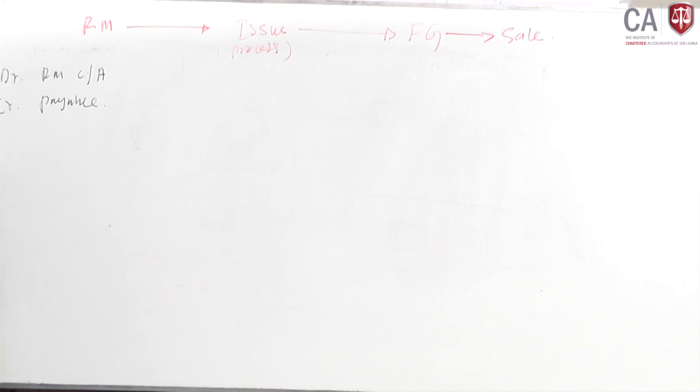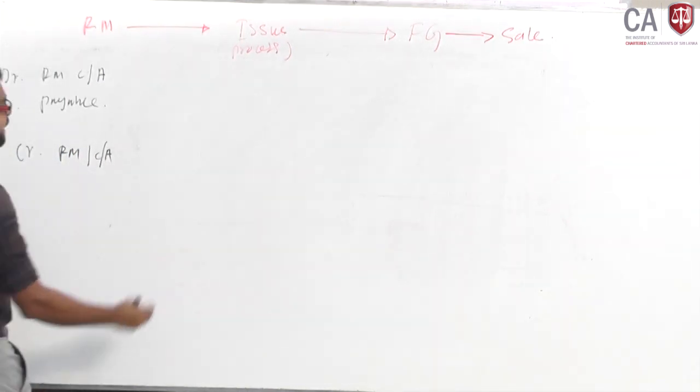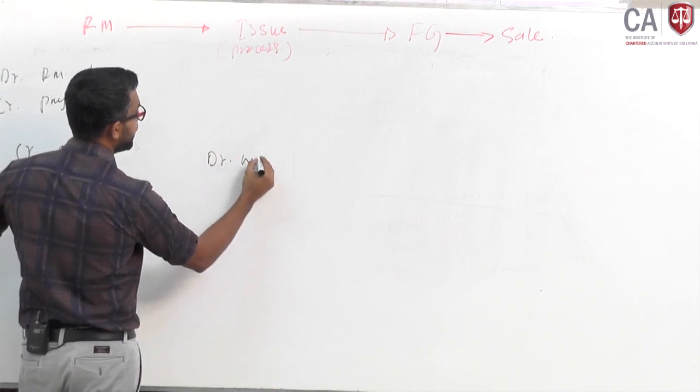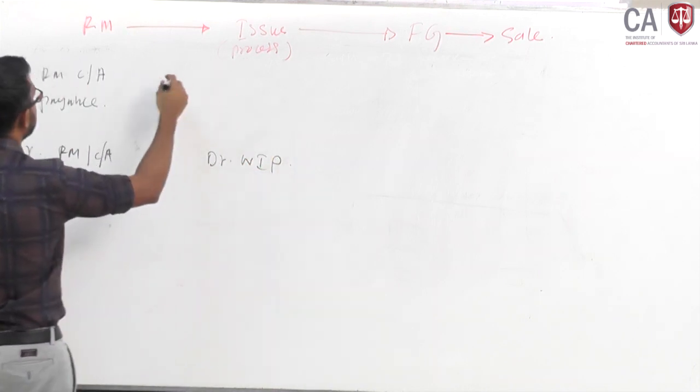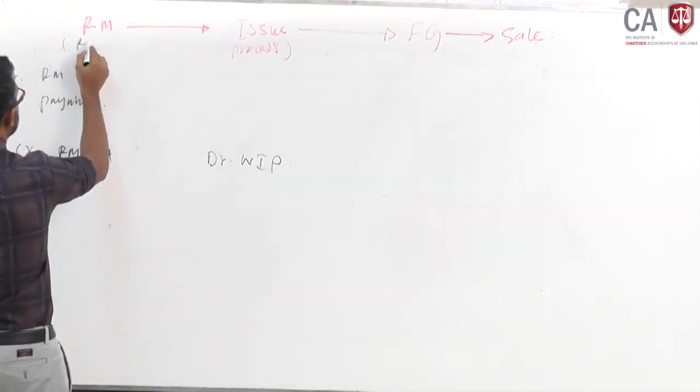Number 2, credit raw material control account, debit WIP. Here is the WIP account. So here you have the raw material control account.